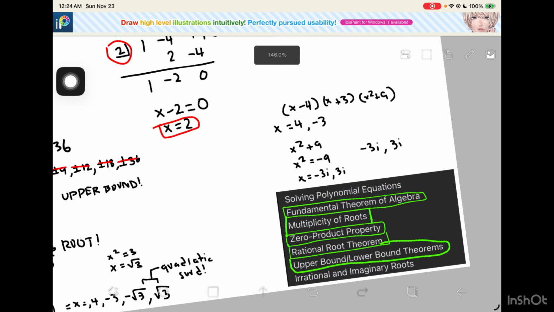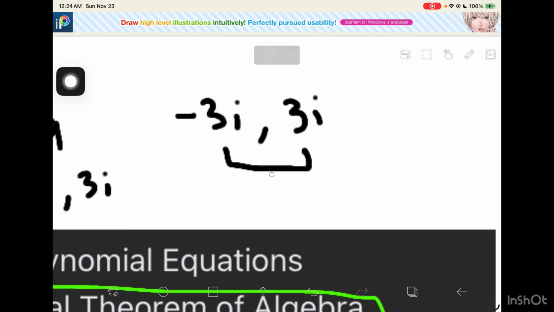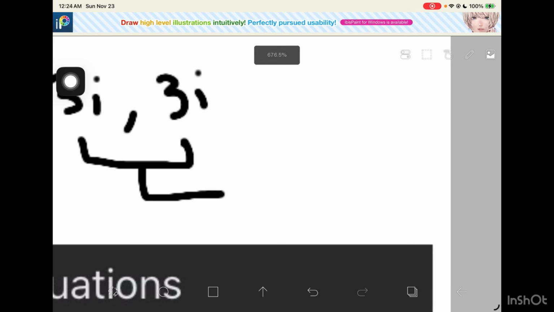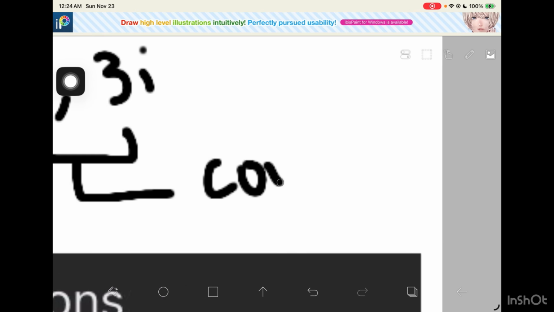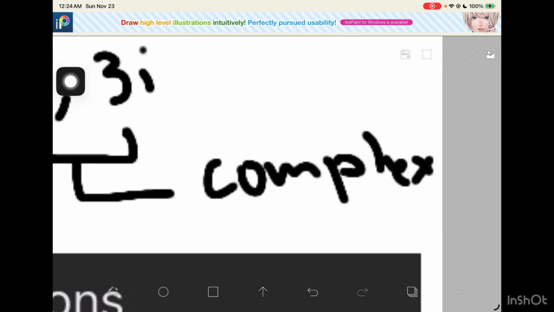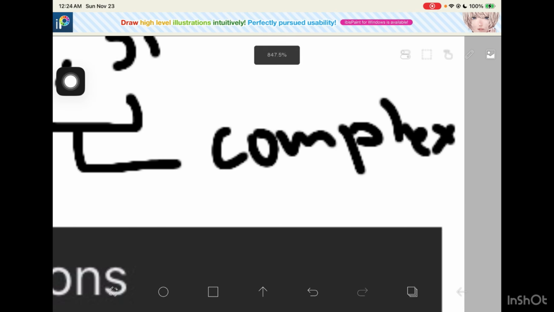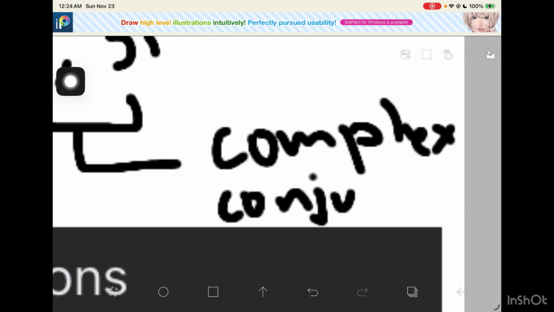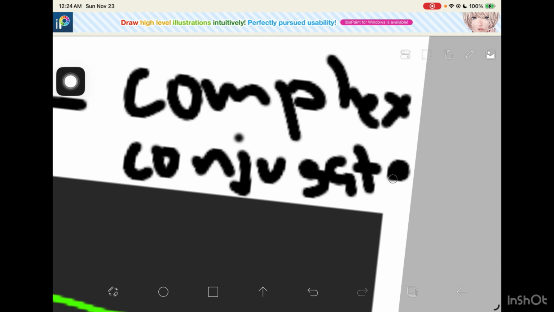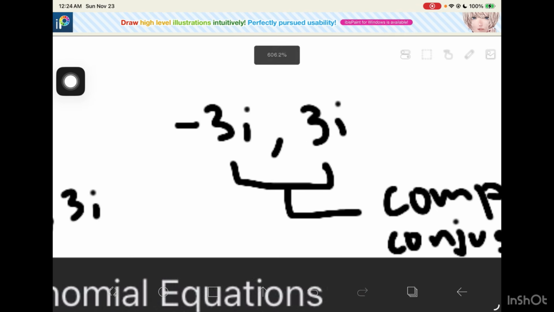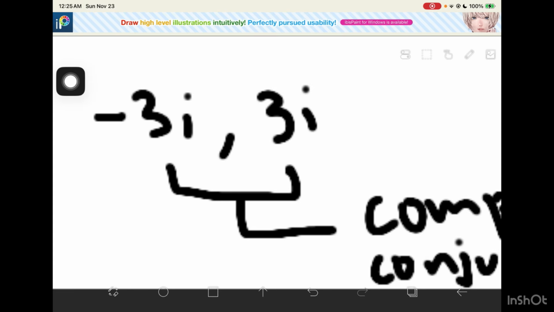Once again, similarly for the complex numbers, this is what you call the complex conjugate. Basically, if you have 3i as a root, it also means that its negative counterpart is also a root.